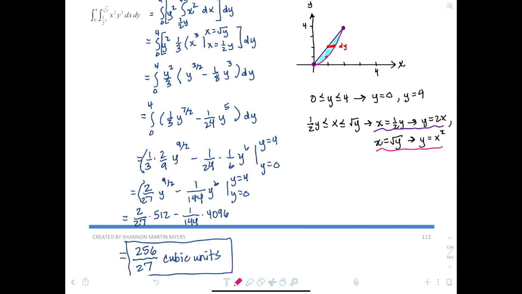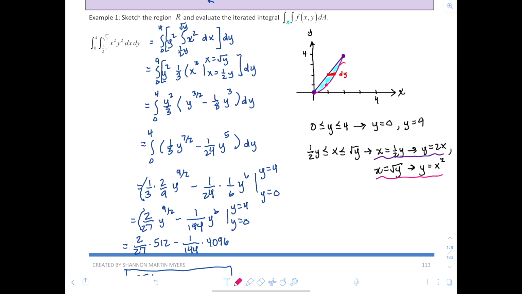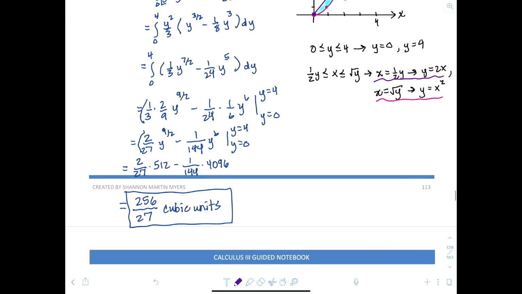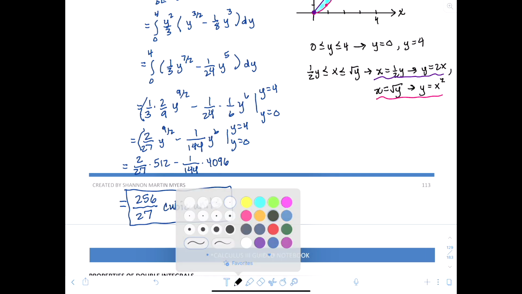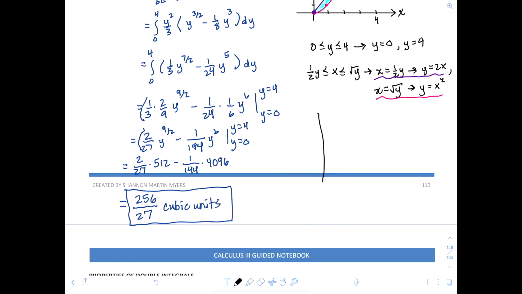So x was equal to root y, and then the purple graph was x is equal to 1/2 y.